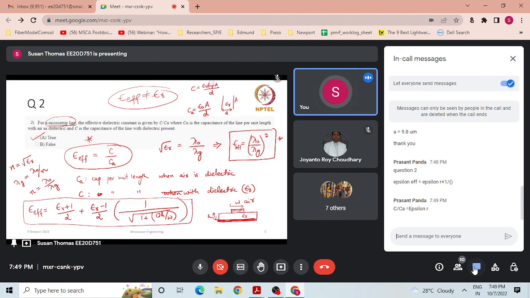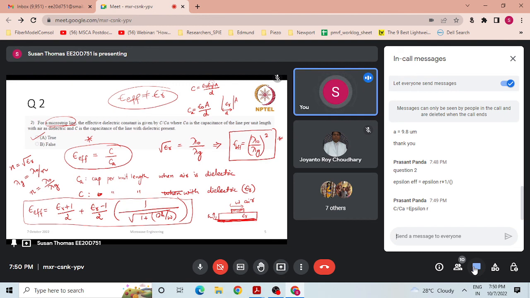I tried to give a convincing, intuitive answer with the help of epsilon r, so please don't confuse here. I was trying to give an idea of what it looks like in the case of a normal, parallel plate capacitor. Now this is not a parallel plate capacitor.